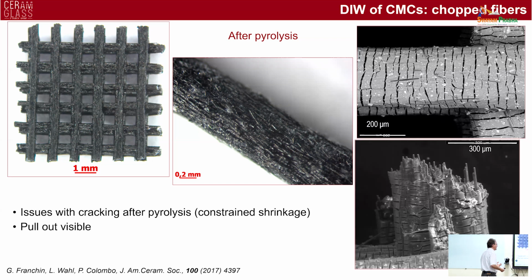So pull-out is something that you want, and if you achieve that, it demonstrates that you have a weak interface between the matrix and the fibers, which is what you want. So on one side, these initial results were promising. On the other side, you can see the issues that we have.